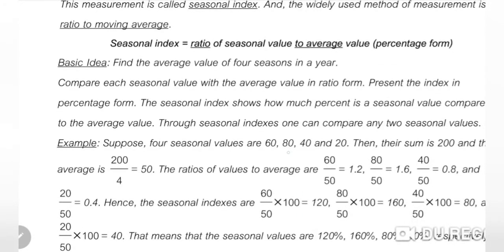Season 2: 80, ratio to average 50 is 1.6, percentage form 160%. That means if the average value is 100, season 2 value will be 160. Now we know how much more or less. Season 1 value 20% more, season 2 value 60% more than average, season 3 value 80% only, 20% less, and season 4 value 20 over 50 is 40%, so season 4 is only 40% of the average value.